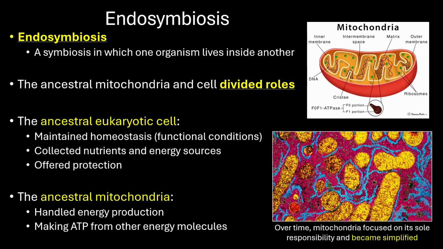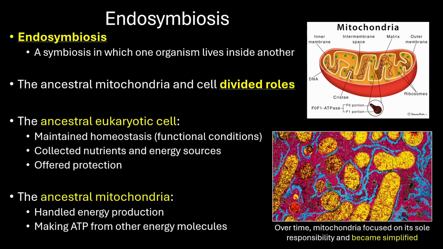This is something that we call endosymbiosis, a symbiosis where one organism lives inside of another. What we saw was that the ancient mitochondria and its host cell divided roles between them.